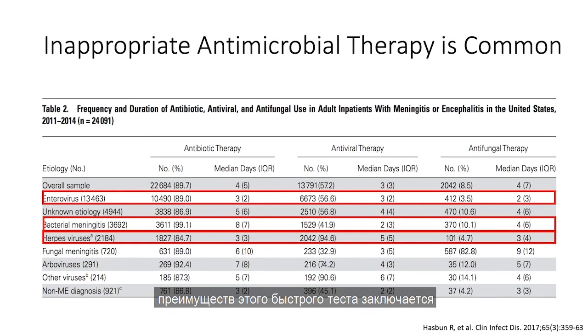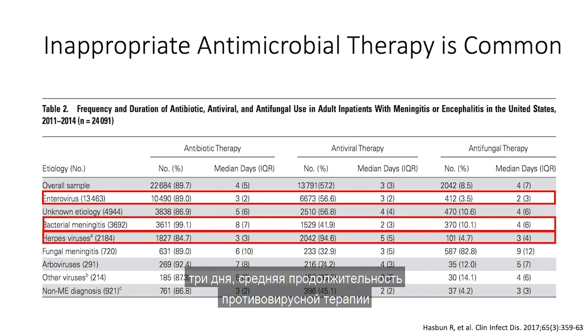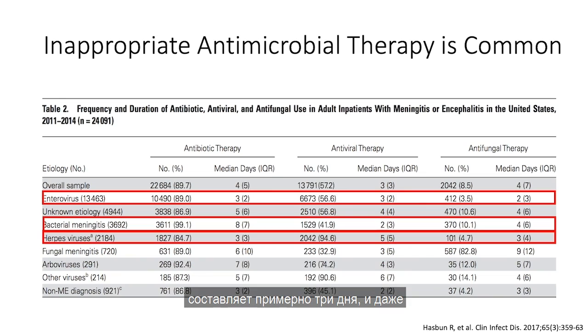One true benefit of these rapid tests is to really try to improve the use of antimicrobials. And the study just summarized it nicely, where even in cases of enterovirus meningitis, the mean days of therapy for antibiotics is still about 3 days, mean antiviral therapy is still about 3 days, and even antifungals is at 2 days.